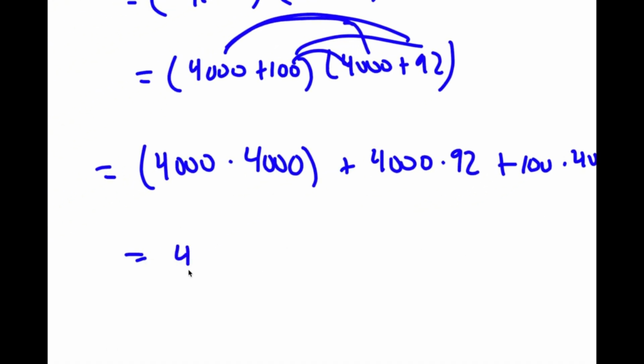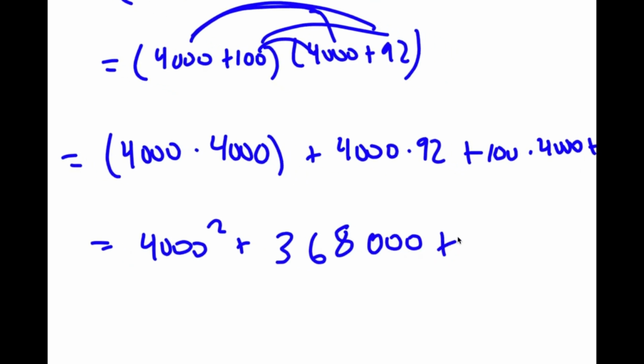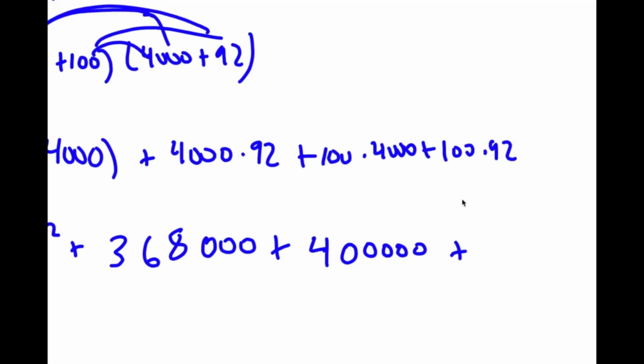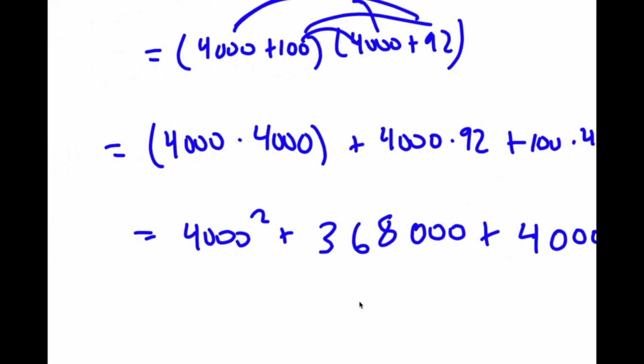Now 4000 times 4000, that's 4000 squared, plus 4000 times 92. 4000 times 92 is going to be equal to 368,000, plus 100 times 4,000, that's 400,000, plus 100 times 92, that's 9,200.